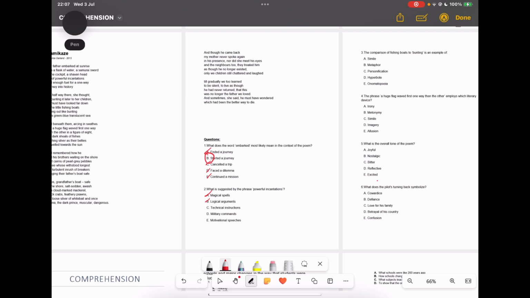Because he's been told to fly into his destination and not return, because he's a kamikaze fighter. So what you got to remember is this one, powerful incantations. Well, yeah, this one is not going to be a motivational speech necessarily, and not technical instructions. So military commands is what we're going to say with this one.